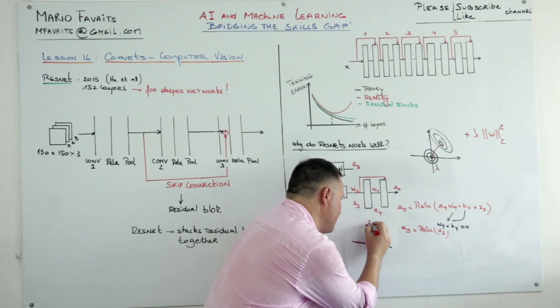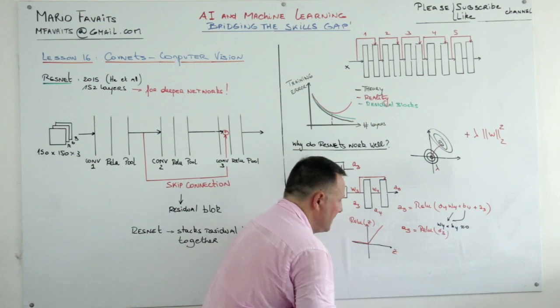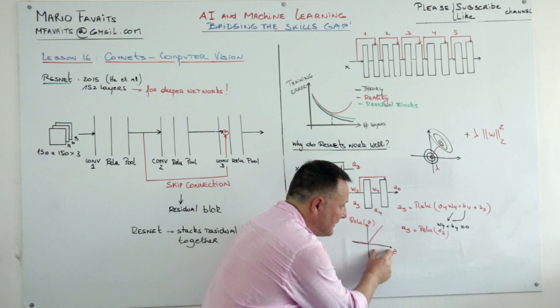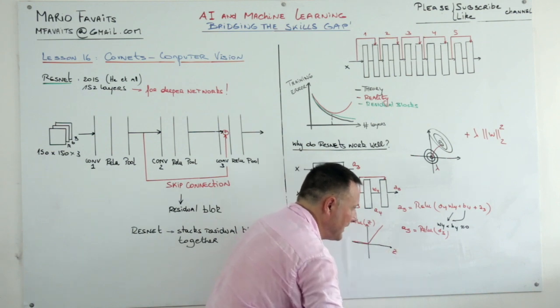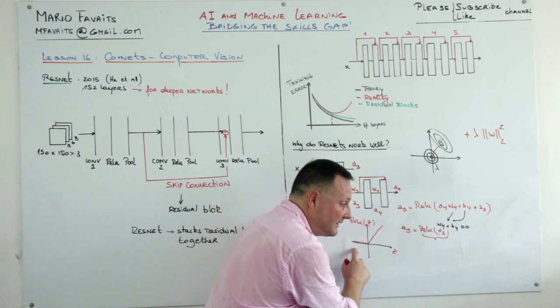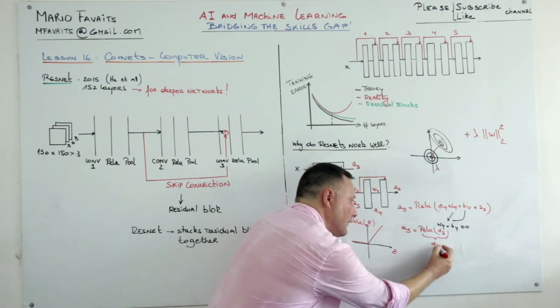Here we have ReLU of Z, and here we have Z. You see that ReLU of Z equals Z for positive Z. So the ReLU of A3 is either 0 when Z is negative, or A3 itself.